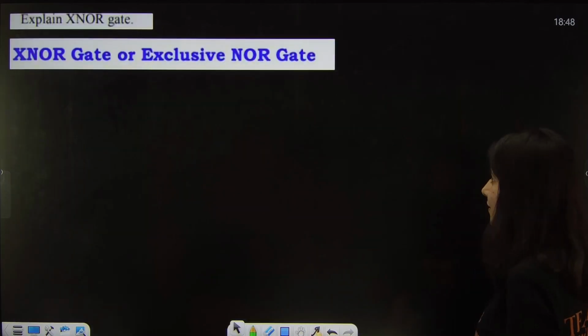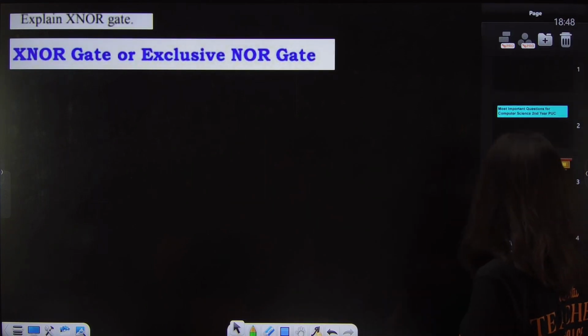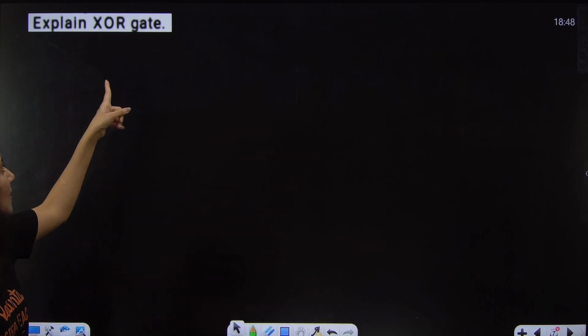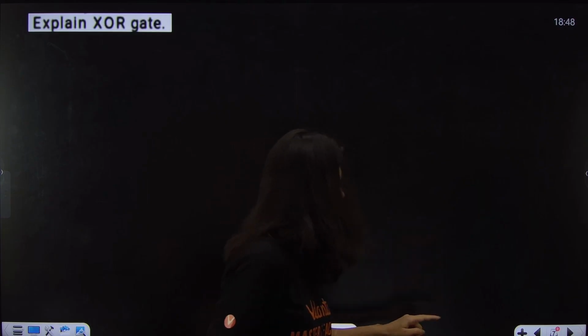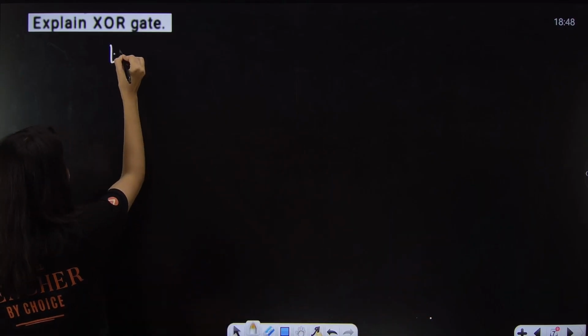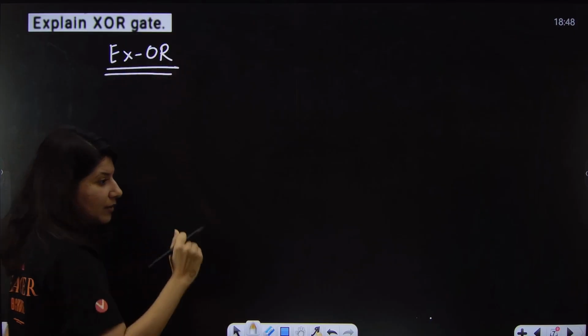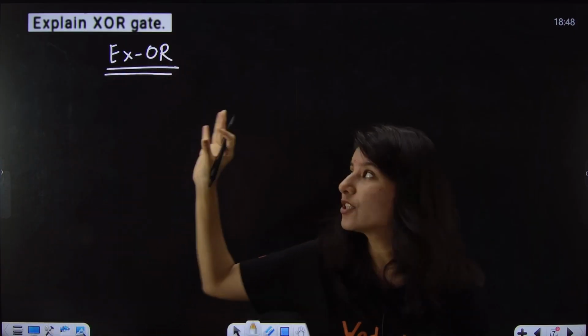So the very first question is from logic gates. The first question says: explain the XOR gate, also said as exclusive OR gate. XOR gate means exclusively OR gate. There is some structure while writing the answer to this question.